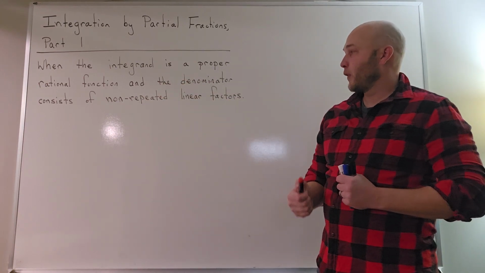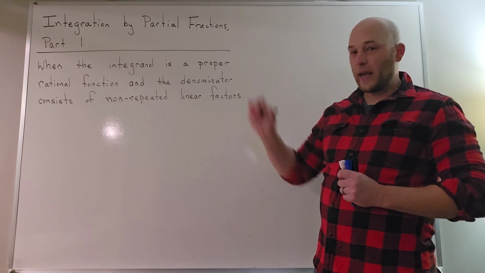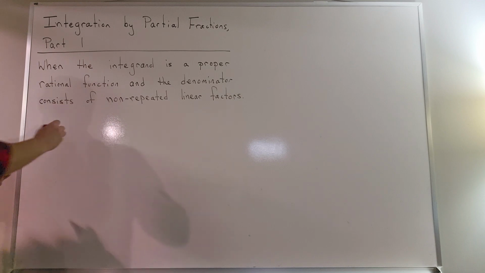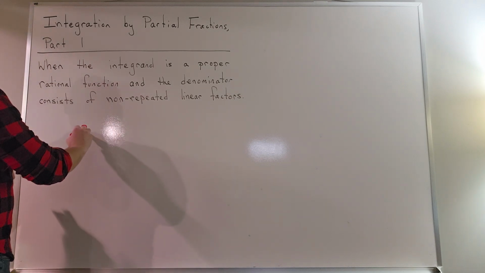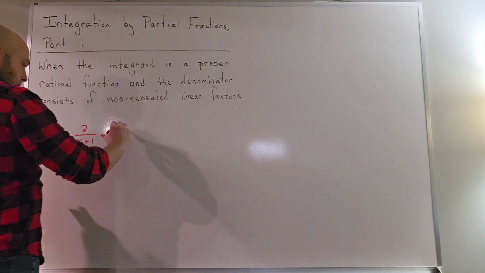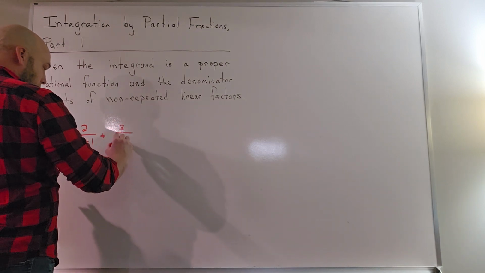But what I want to do first is a quick algebra exercise to get things motivated. All right, let's say I take 2 divided by x plus 1, and I want to add 3 over x minus 2.